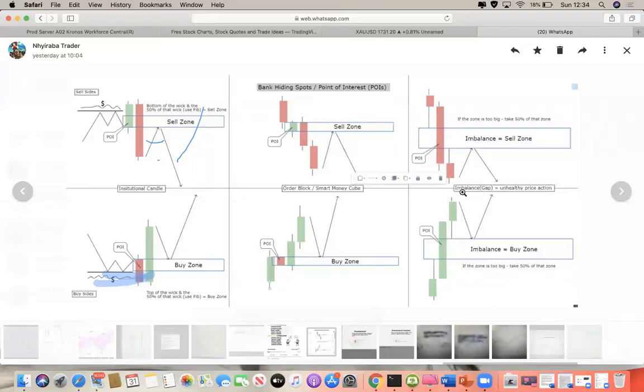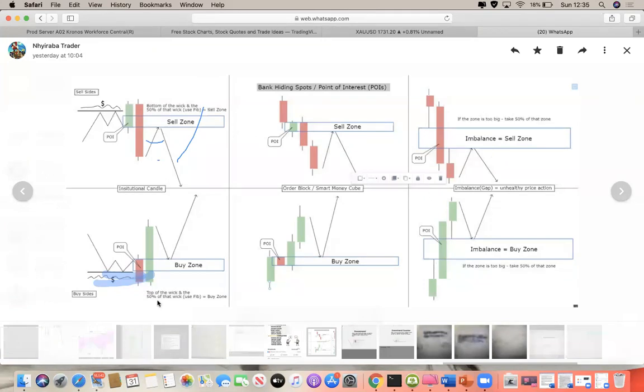So if you look down here, imbalance or gap equals unhealthy price action. For big banks and institutions, this is probably about £1 million, maybe £2 million packed around this imbalance that needs to be closed before they can continue the trend or change the trend to wherever they're going.